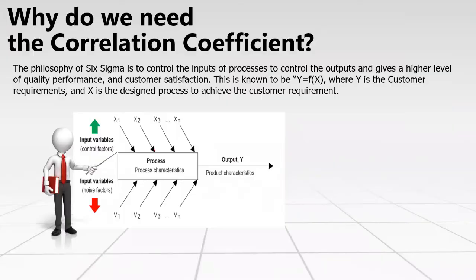Now, a very important question is, why do we need the correlation coefficient? In fact, as we know, the philosophy of Six Sigma is controlling the inputs of the process to control the outputs and give a higher level of quality performance and customer satisfaction, which is known with the formula of y equals f(x).